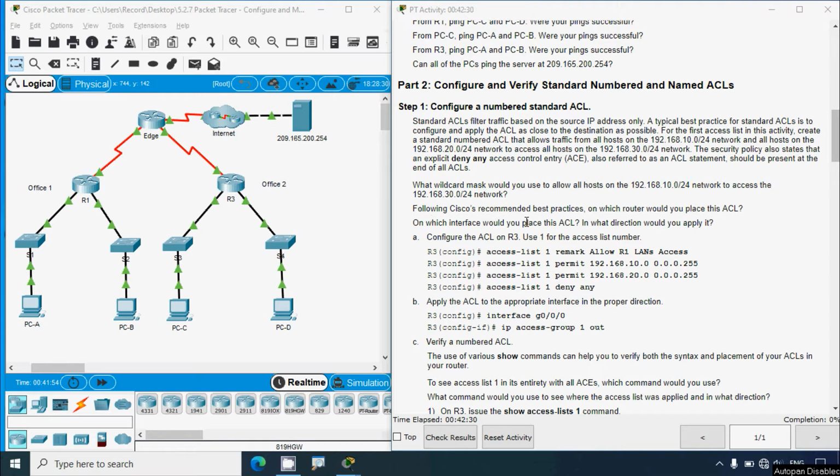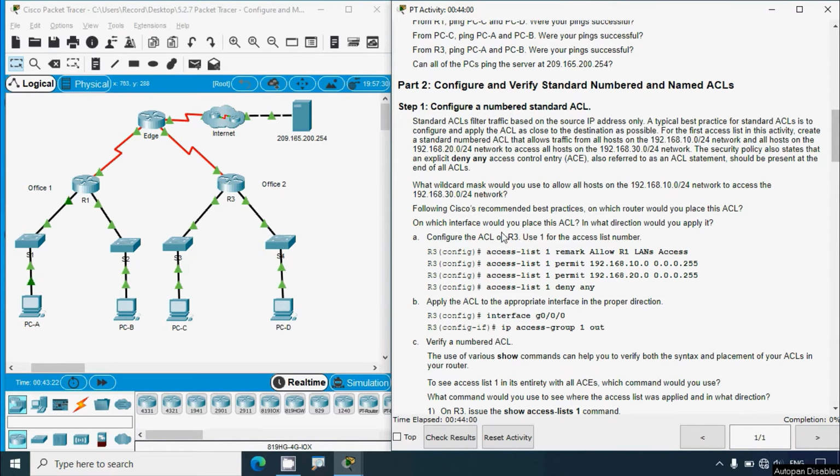Following Cisco's recommended best practices, on which router would you place this ACL? So here we read that a typical best practice for standard access control list is to configure and apply the ACL as close to the destination as possible. So here our destination is 192.168.30.0, so we can implement this ACL in this router R3.